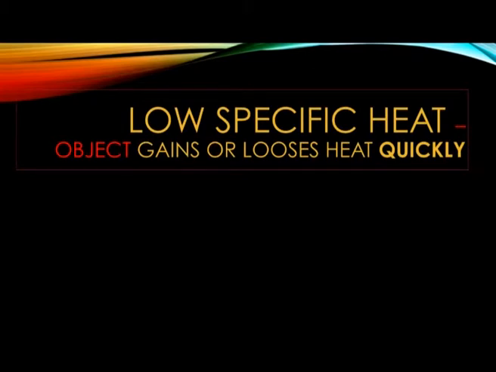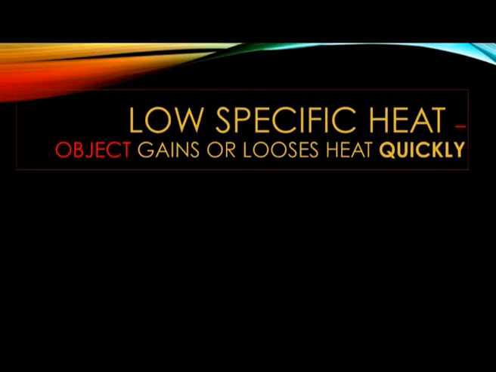The objects having low specific heat gain or lose heat quickly. Low specific heat materials will be heated up and cool down very quickly. They will have a faster temperature increase and also a faster temperature decrease. They are very sensitive to temperature changes.